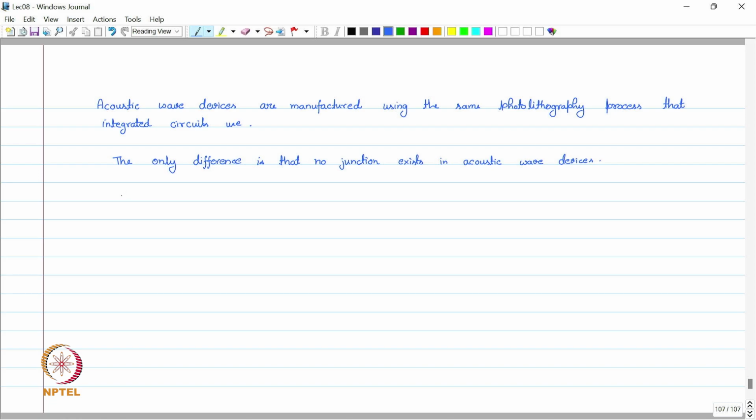And typically aluminum is deposited and patterned to make these IDT arrays.